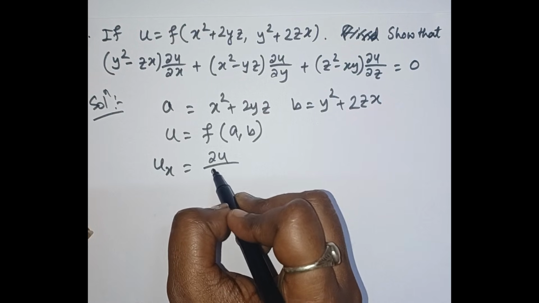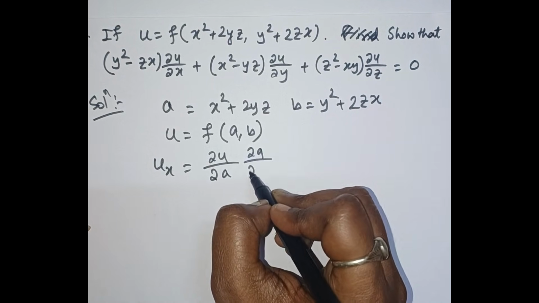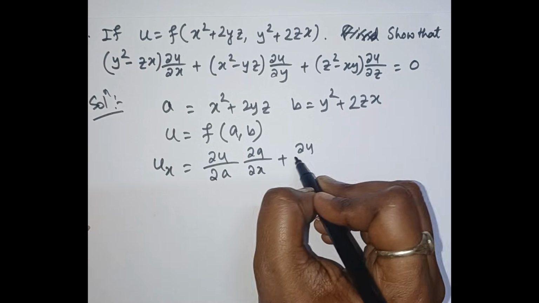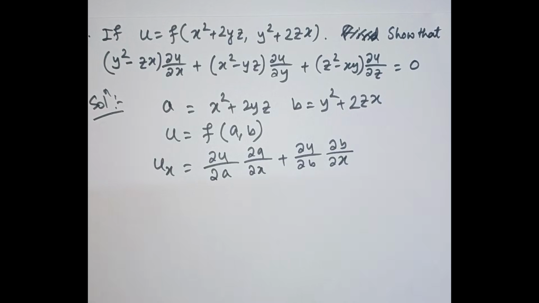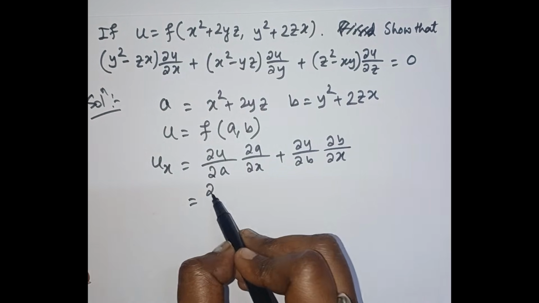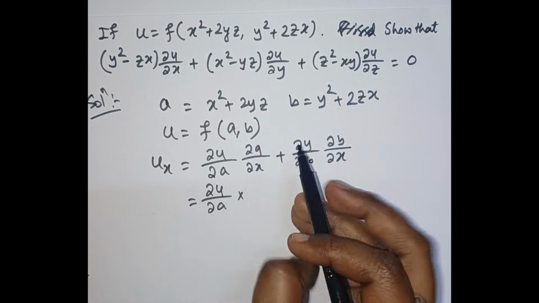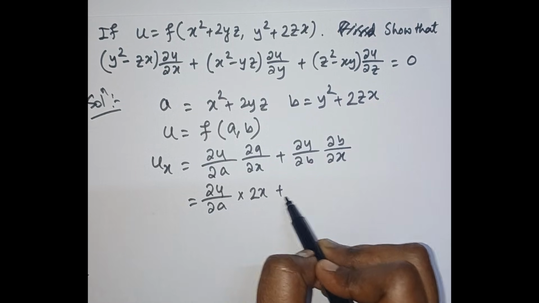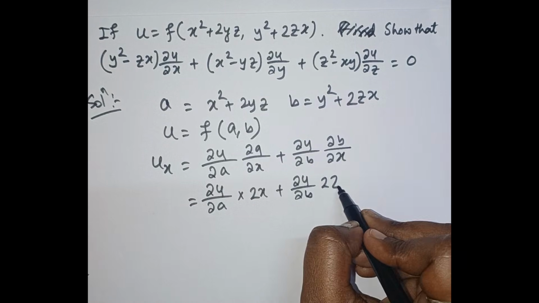Ux will be by chain rule ∂u/∂a ∂a/∂x plus ∂u/∂b ∂b/∂x. Only a and b are there. So if you write, this will be ∂u/∂a and ∂a/∂x is 2x, only 2x, plus ∂u/∂b and ∂b/∂x is 2z.